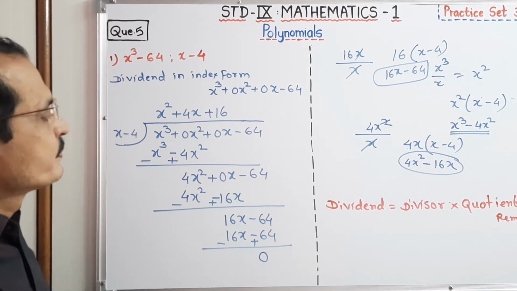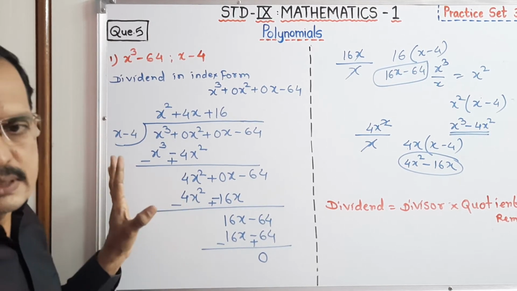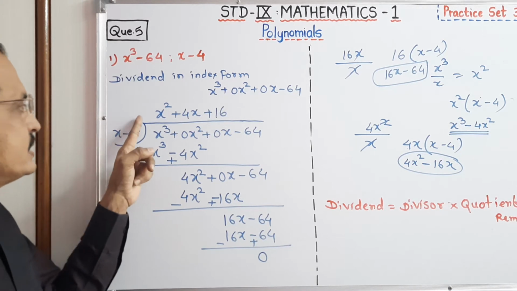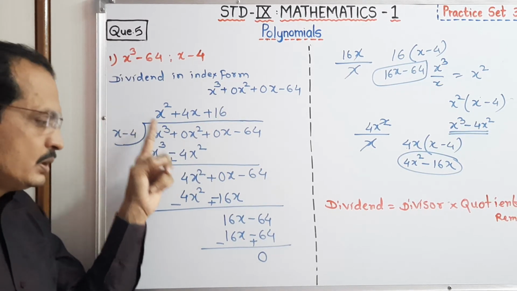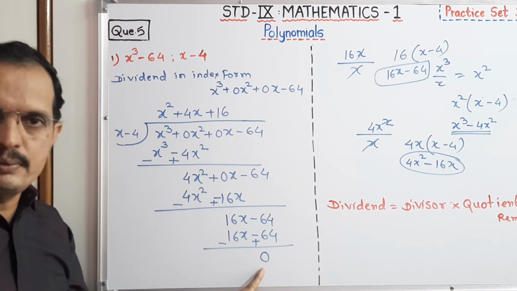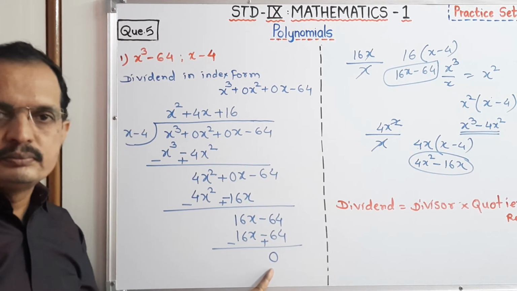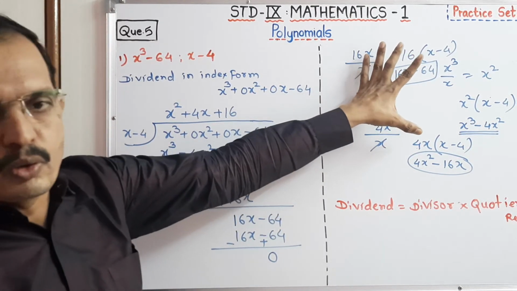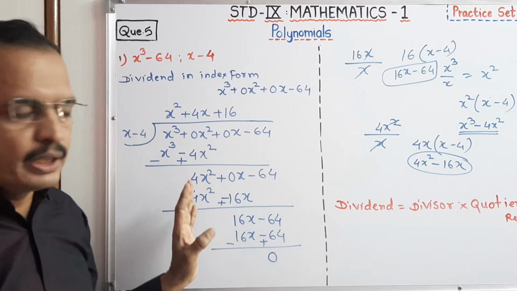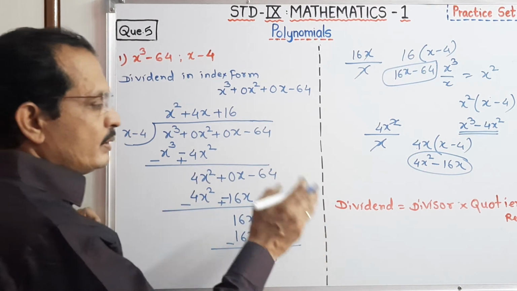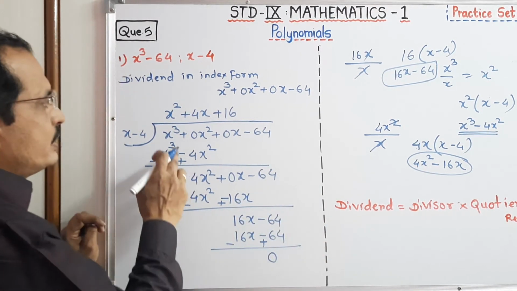Yes student, the division process is finished. This is our quotient and this is our remainder. Any doubt? Very simple. Follow this method, it will be very easy. Now we have to write the final answer. What is the dividend?